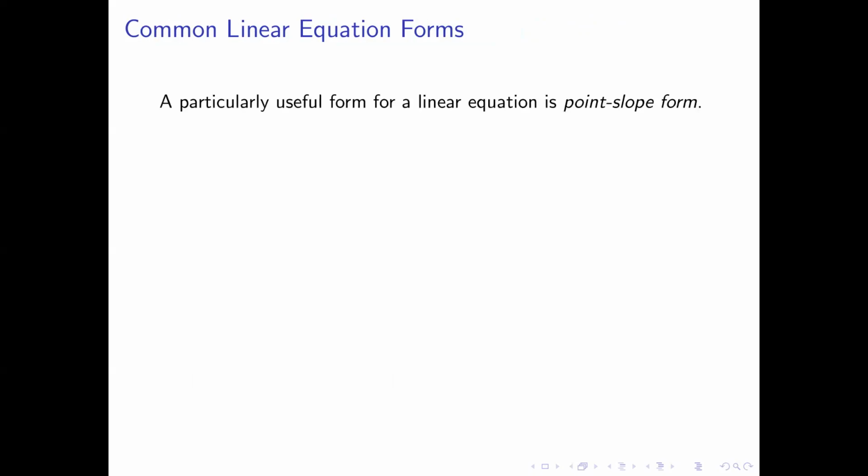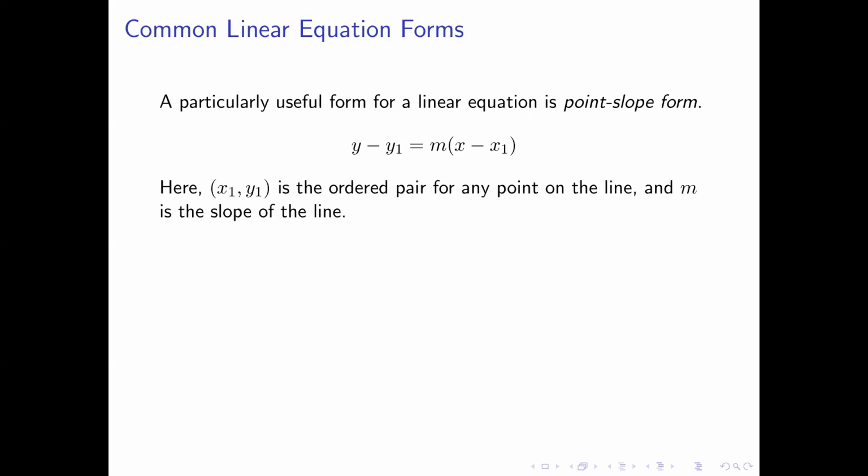Let's look at some of those common linear equation forms. One that is especially useful, especially in calculus, is called point-slope form. It's usually written like this: y minus y1 equals m times (x minus x1). Here, there are several letters that appear in the equation form. Some of them are variables, some are more like constants.